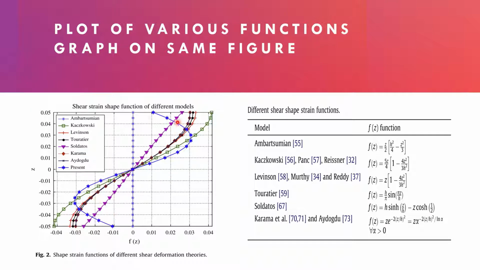When we use a research paper, we generally compare our functions with the exact value, so that we can tell that our results are much closer to the exact one. So we have to compare. How do we compare different functions? We plot them on the same figure. Like this, it is plotted and it is shown which function is which.